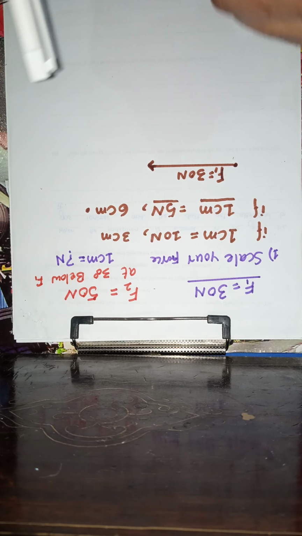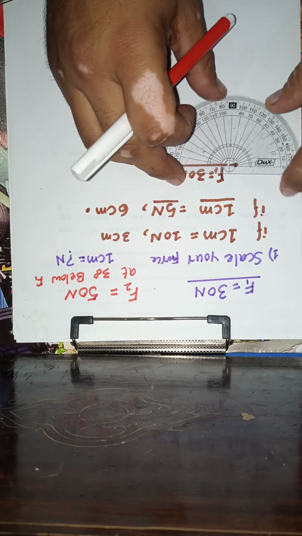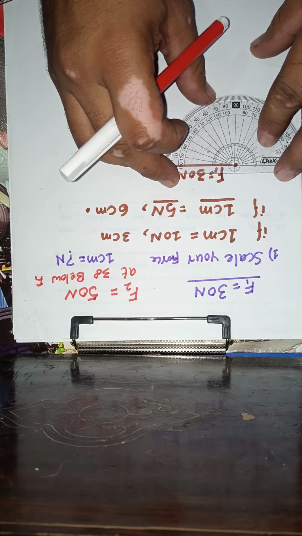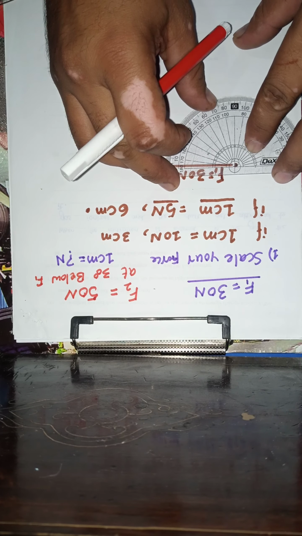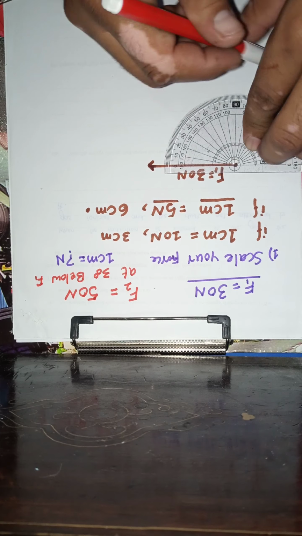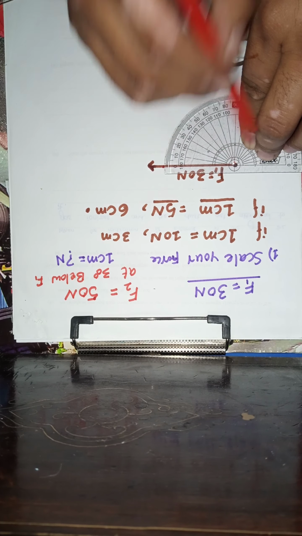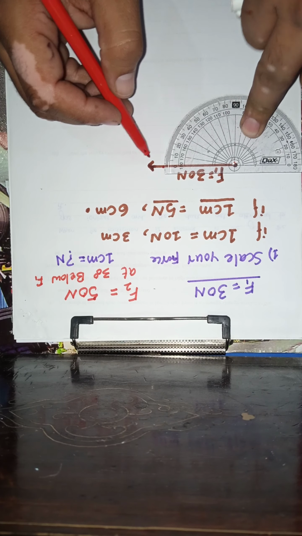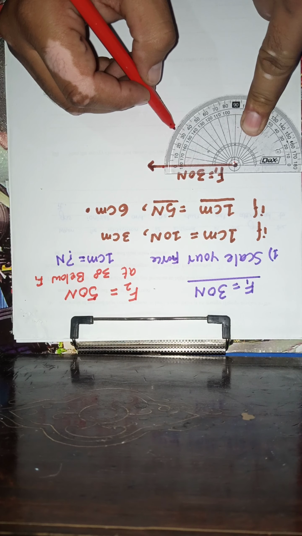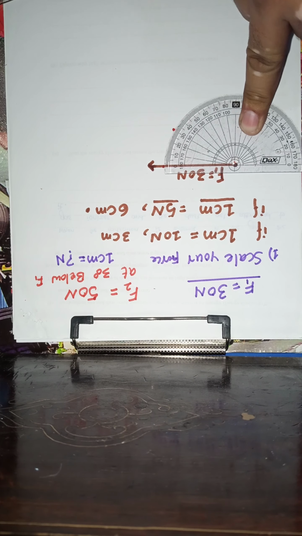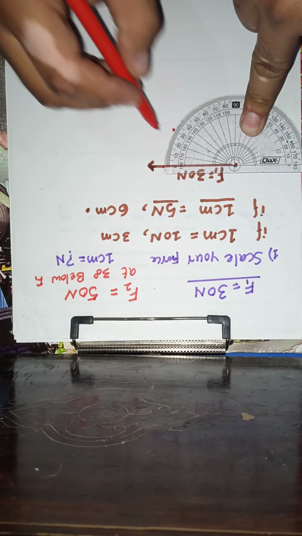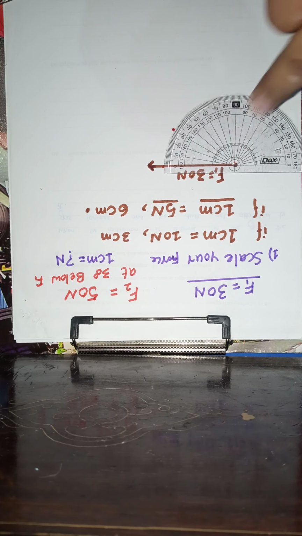Then I have to place my protractor over here, and arrange it in such a way that its 0 is over here and this dotted line is over here, and then I will place a point 30 degrees below this line. So this is the point which is 30 degrees below.